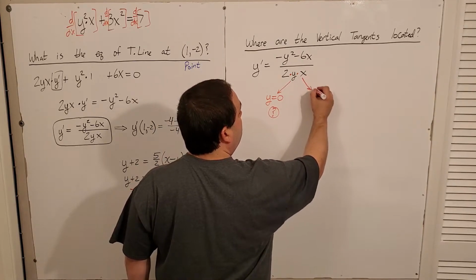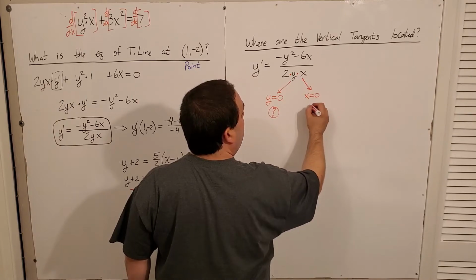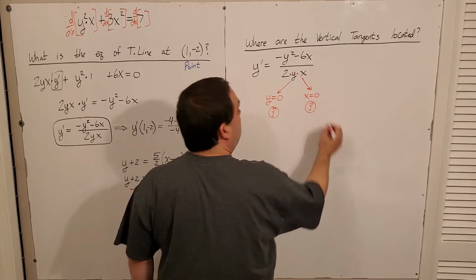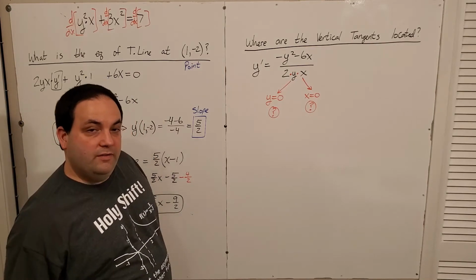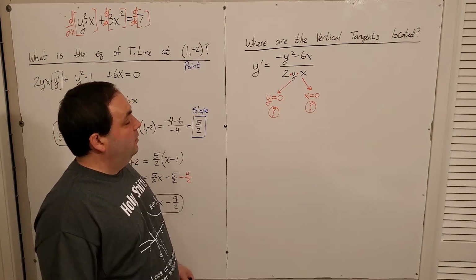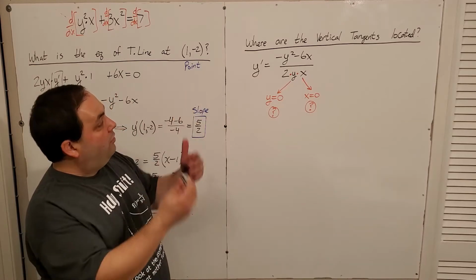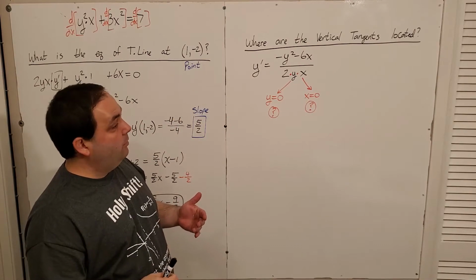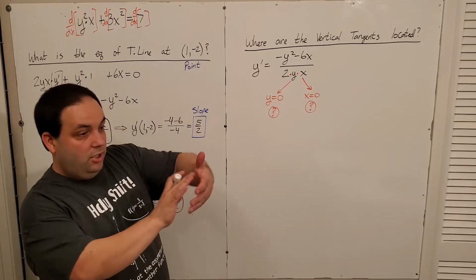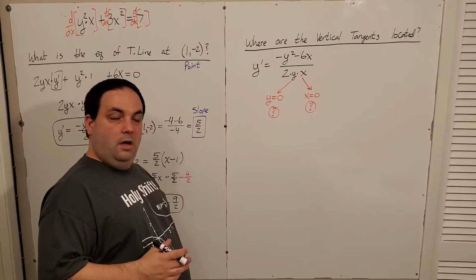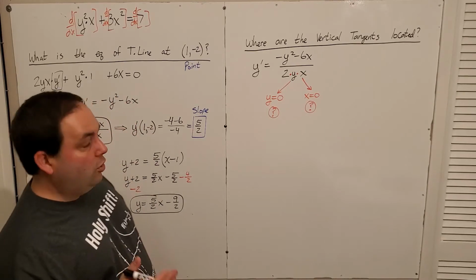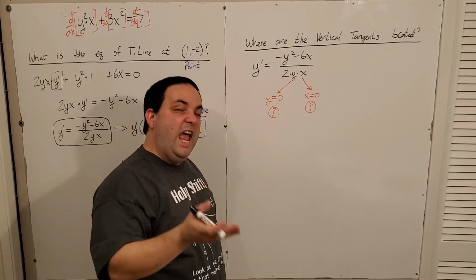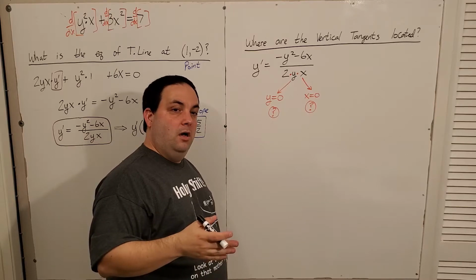Also, right here, x equals 0 is another possible vertical tangent. Those are the places where my derivative is being undefined here. Among other values that just can't possibly happen, but those aren't going to be vertical tangents. Those are going to be huge sections where the derivative just doesn't exist. Vertical tangent is going to happen right at the edge of one of those, if it's going to happen at all.